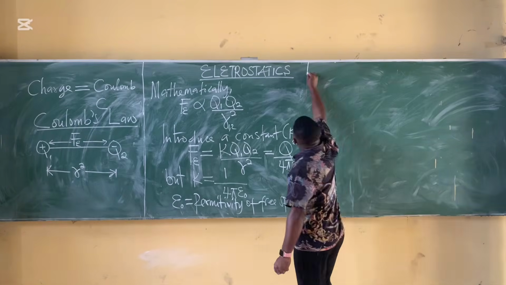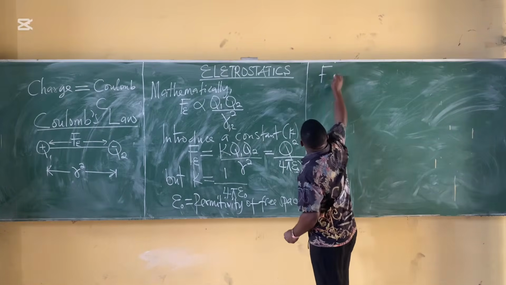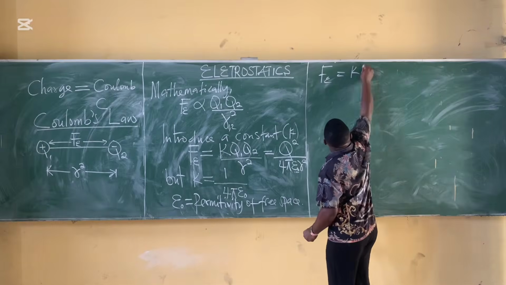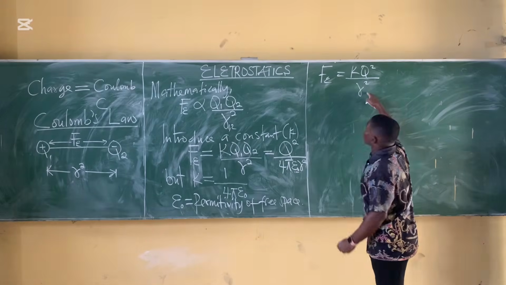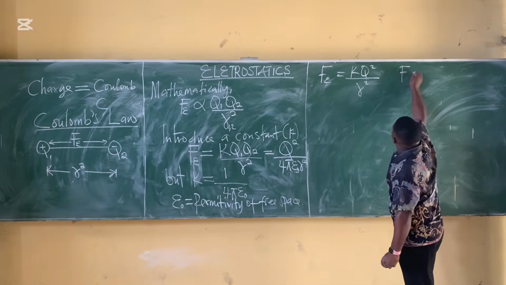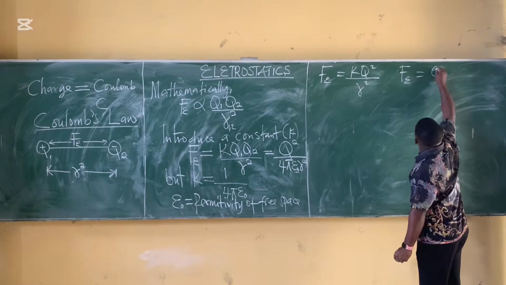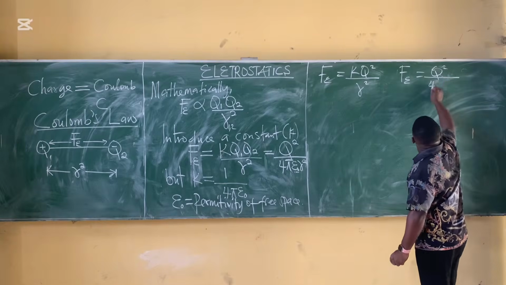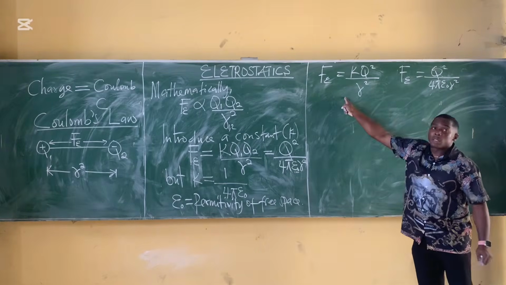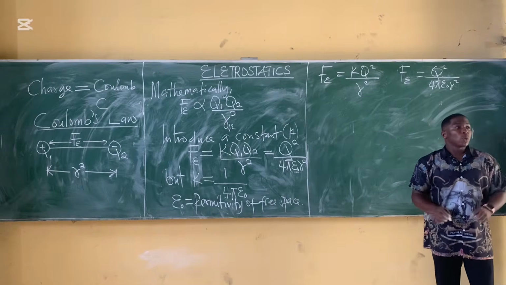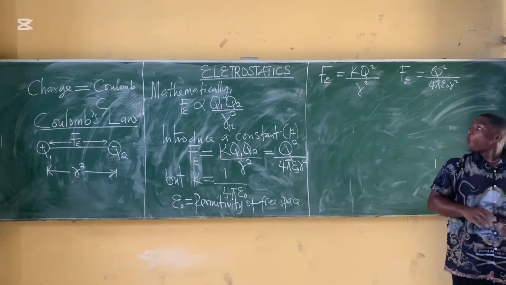So I said we have two formulas to calculate electric force. Formula 1: electric force is K Q squared over R squared. And formula 2: Q squared over 4 pi E naught R squared. If you use either, you get the same answer. But for your test, when do you use this?